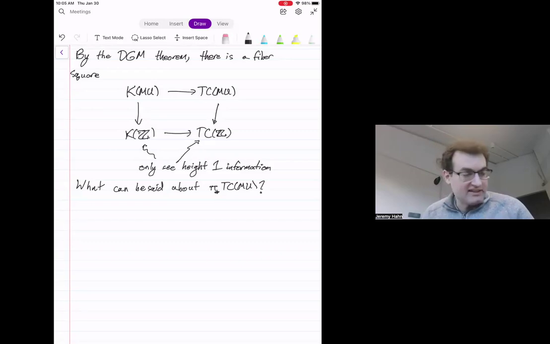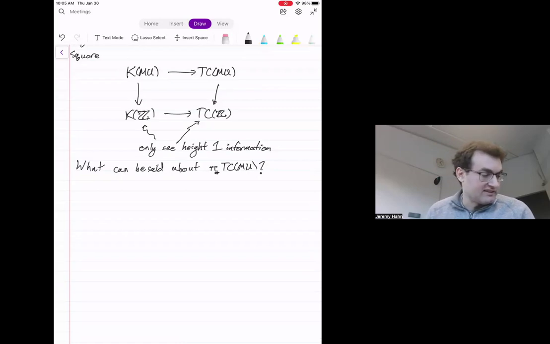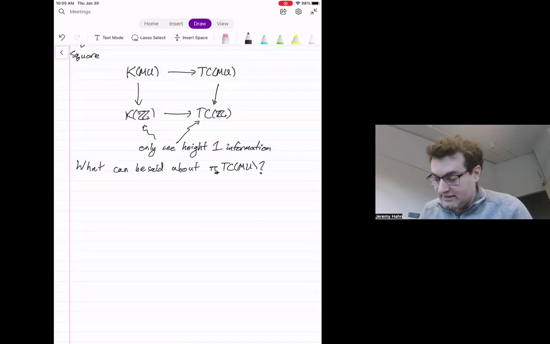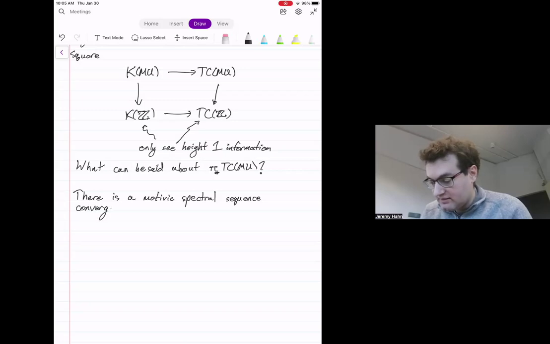Okay, so I'm immediately switching to TC, which is what I'm really interested in. And you could ask whether it's at all reasonable to expect to be able to compute pi star of TC of MU. And the way I want to compute it is via a motivic spectral sequence converging to the homotopy groups of TC of MU.